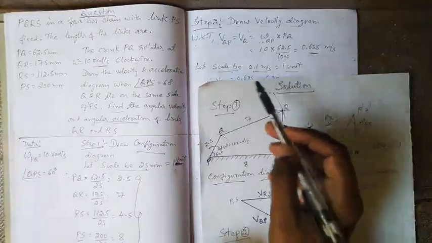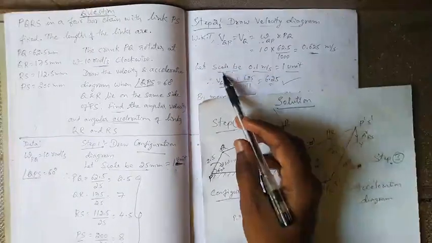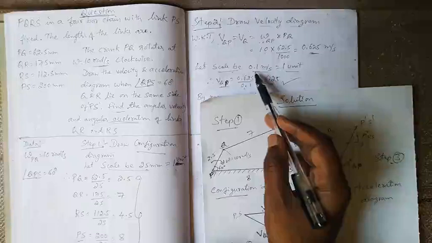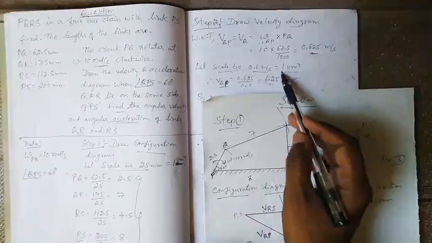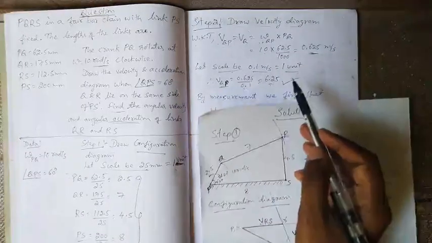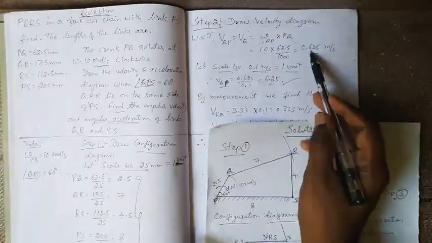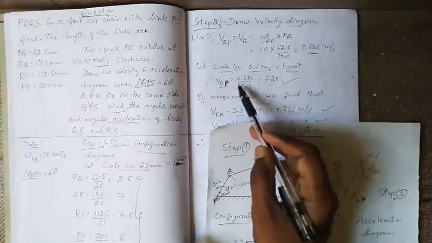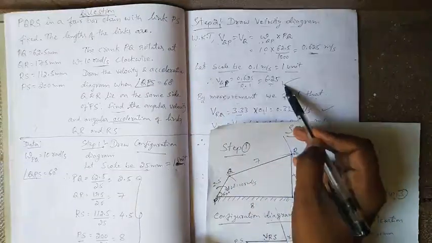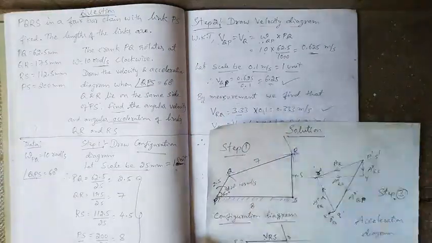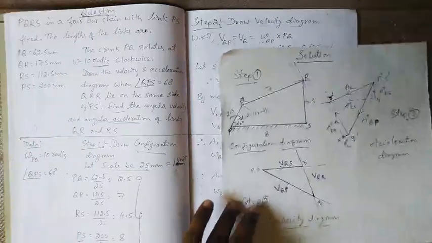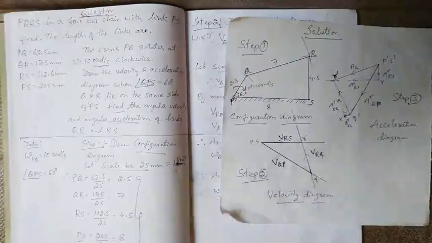Now let us take the scale factor. Scale v is equal to 0.1 meters per second equal to 1 unit. So for 0.625 meters per second, we will get 6.25 units.